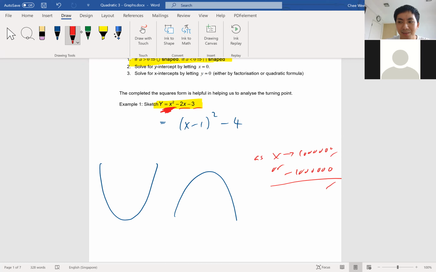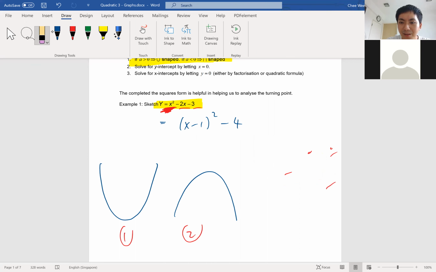You get what I'm trying to say here? So of these two graphs, the first and the second graph, which fits the narrative that I just described? I think you're not seeing the picture.